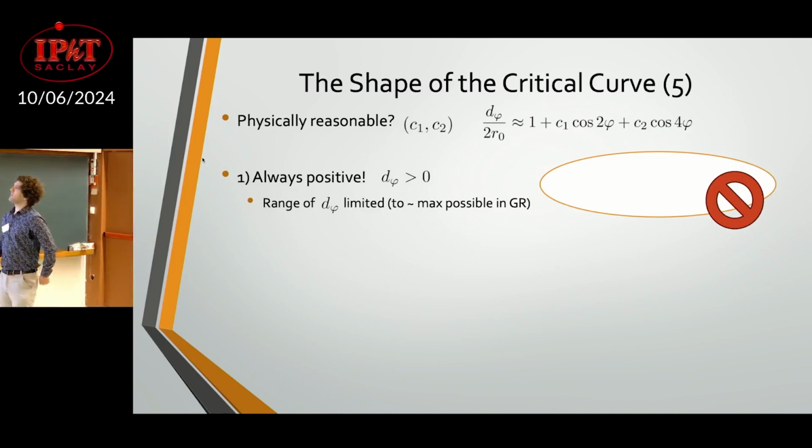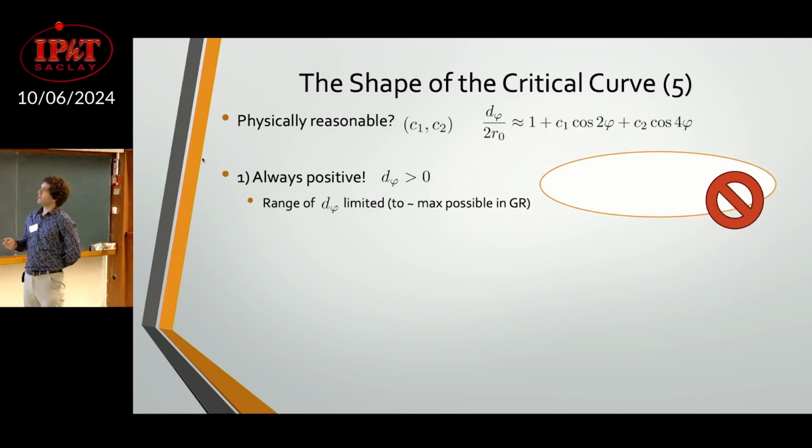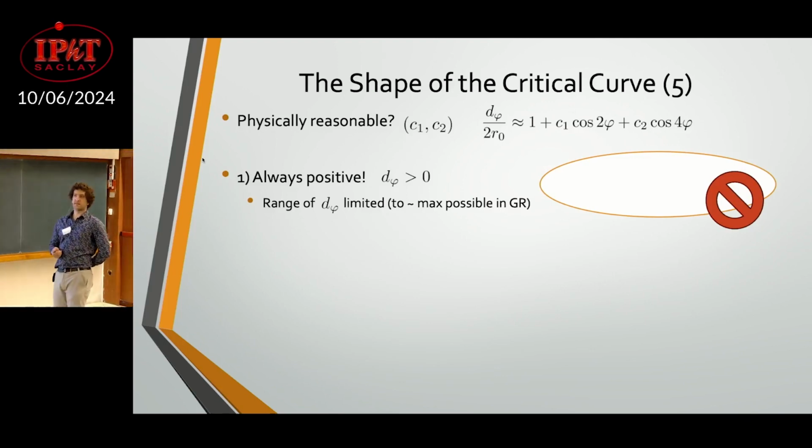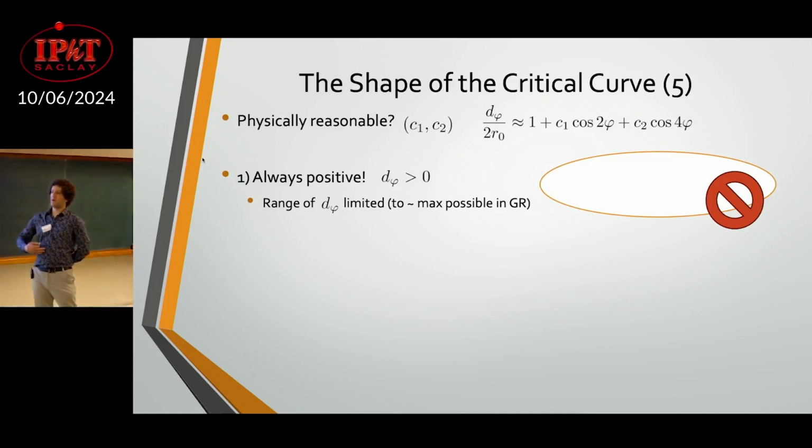Okay, so the three conditions that we found that seem very reasonable, if you think about what the critical curve should look like, are, first of all, that this diameter is a diameter, so it should always be positive. I think that's obvious. What's maybe less obvious is that you want to stay within the realm of something that looks approximately like GR.